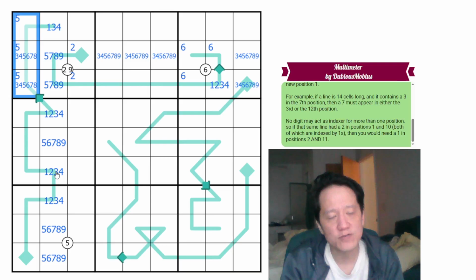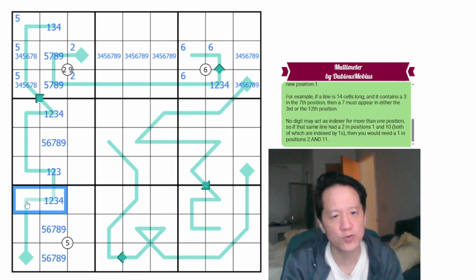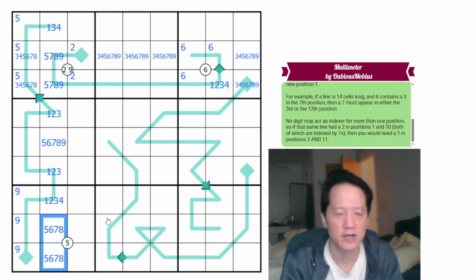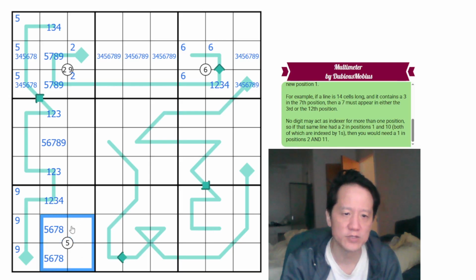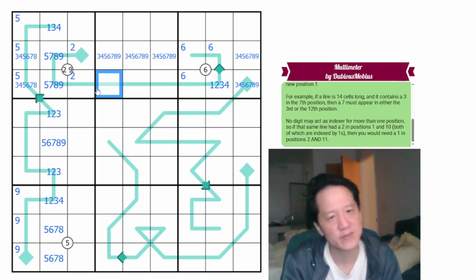So one of these 3 has to be 5, which means this can't be 4. 9 is in a similar position. 9 has to be 1 through 4, so it's one of those 4 and one of those 4, but it can't be any of these because a 9 has to be one of these. It can't be here, so 9 also has to be 1 through 3. So 9 is one of these 3 positions, which means this can't be 9. Yeah, so this was the problem.